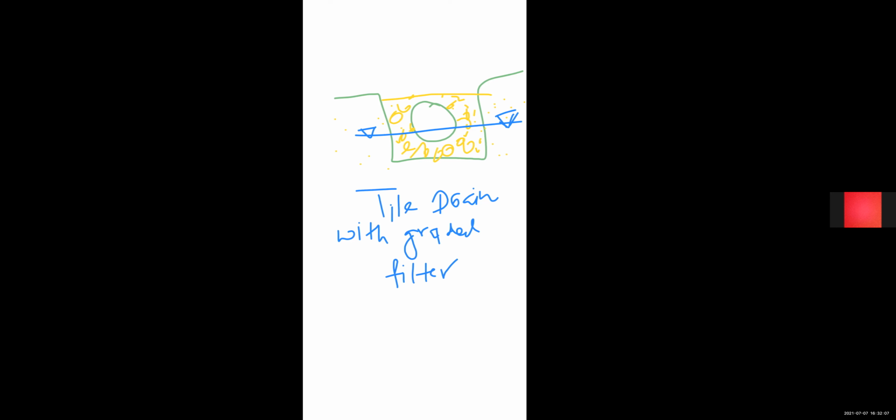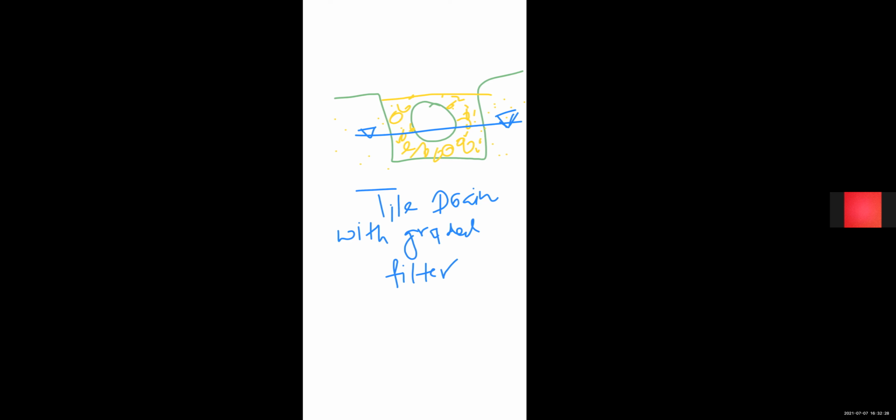So the water drained by the tile drain is discharged into some bigger drain called deep surface drain. And the water from the tile drain may be discharged into an outlet drain by gravity or by pumping.